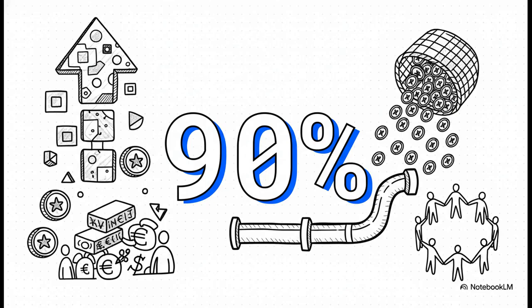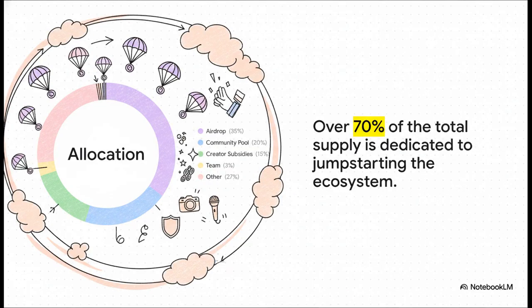That's a huge statement. And this chart shows exactly how that plays out. Just look at this. Over 70% of the entire supply is for just 3 things: a massive airdrop, a community pool, and subsidies for creators. Now, compare that to the team's allocation way down at the bottom, just 3%.